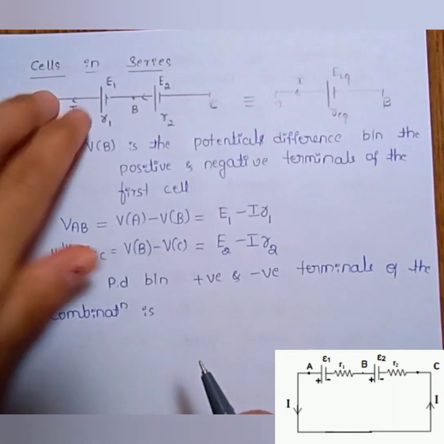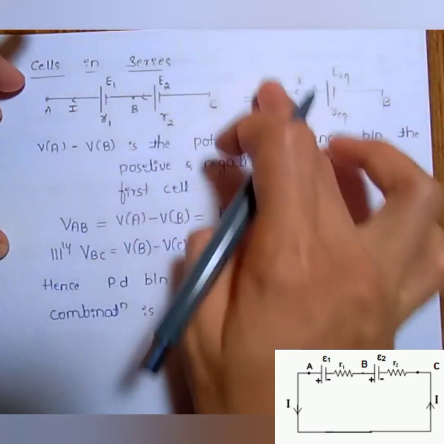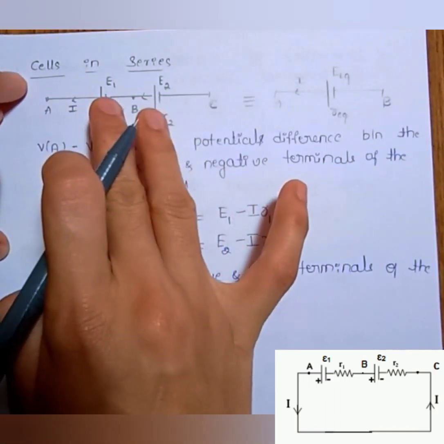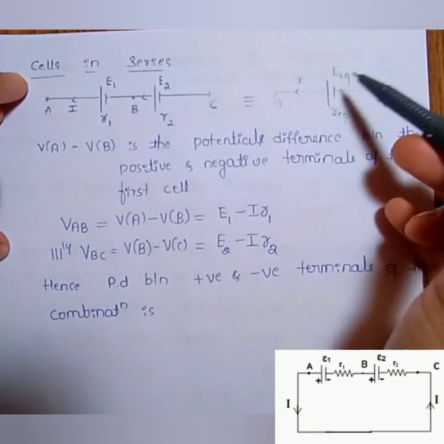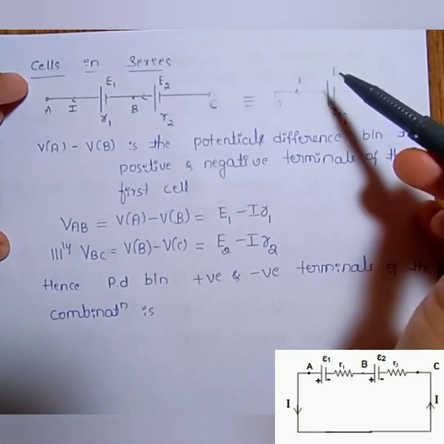Hence, the potential difference between the positive and negative terminals of the combination. Here, two cells are connected in series and this is replaced by the equivalent EMF E and the equivalent resistance R in the combination.